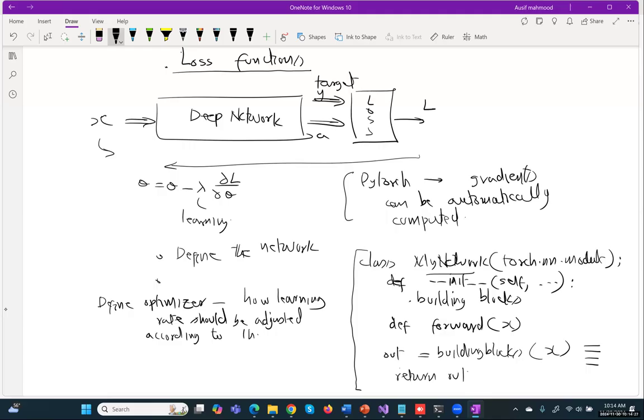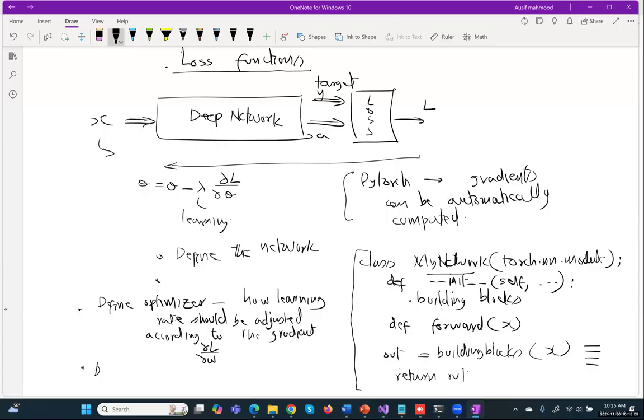So for a particular weight, if partial L over partial W is changing fast, we may pick a slightly higher learning rate, and vice versa. Sorry, a smaller learning rate, and vice versa. So anyway, so that we get quicker training and better optimization, right? Okay, so we define the optimizer.